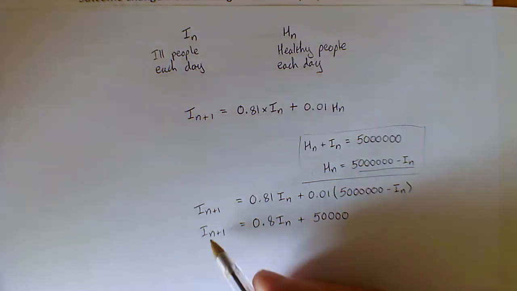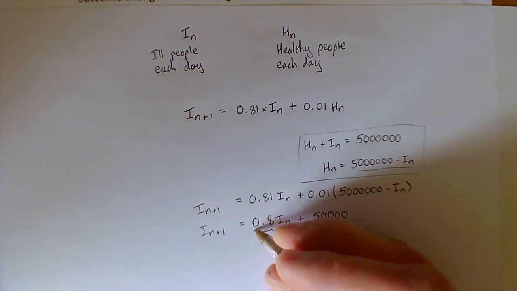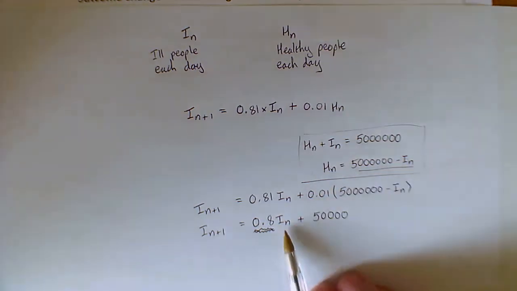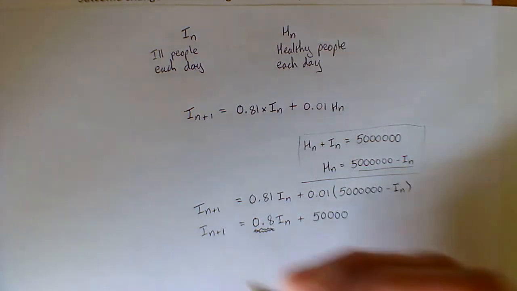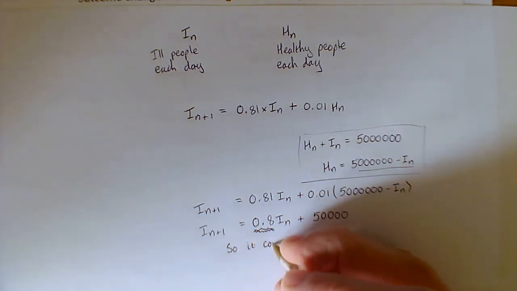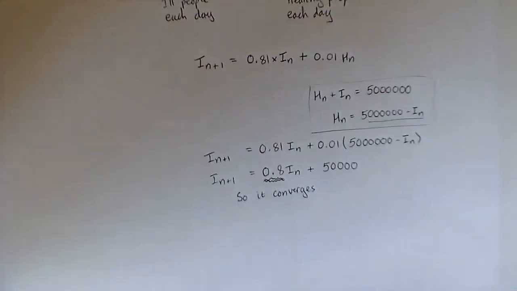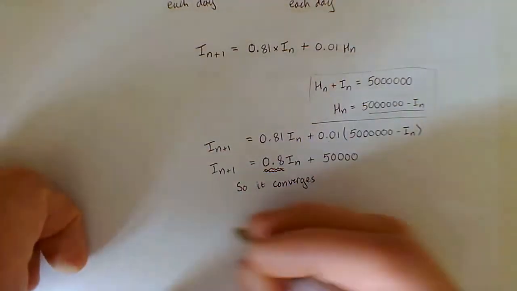Now we're on to something because we can look at this and we can go, hang on, this is a recurrence relation. The number in front of IN is less than 1, so it converges. Well, we can find the limit of a convergent recurrence relation because we did that last week.